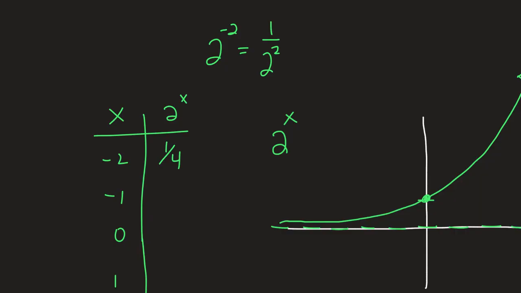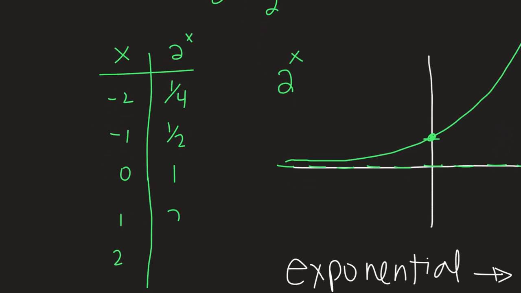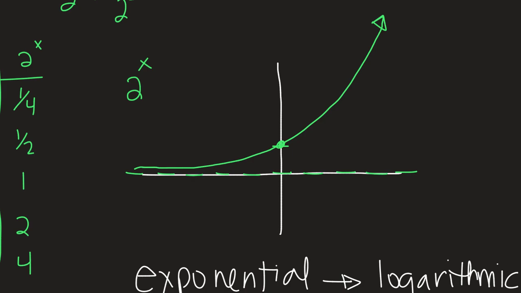Okay, so this is 1/2, and then of course anything to the 0 is 1. So 2 to the 0 is 1. 2 to the first power is 2. 2 squared is 4. Okay, so we can plot these points on here. Here's the point 1, 2. Here's the point 2, 4.